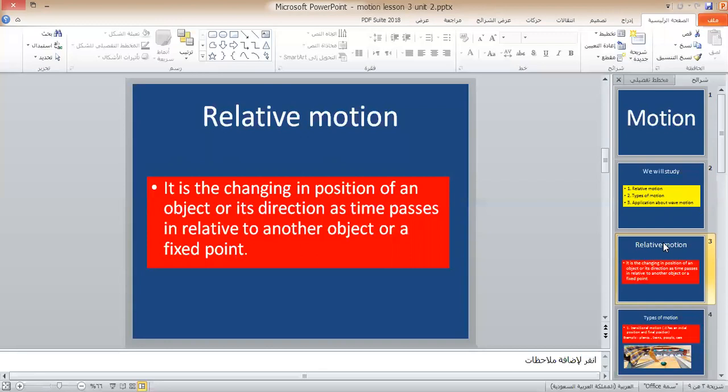They pass you fast. But if somebody is in car B and looks at car A, both of them are moving in the same direction, do they feel that these cars are moving so fast like you? Of course, no.